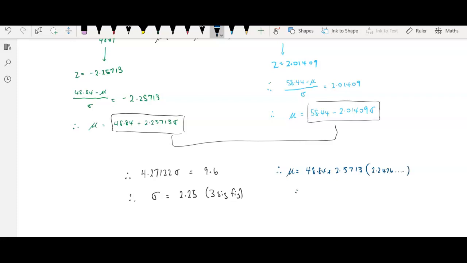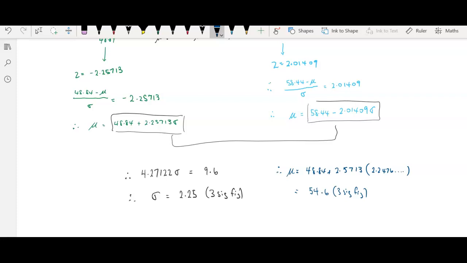So let's calculate that: 48.84, which is a terminating decimal anyway, plus 2.25713 times my 2.24, etc. It's going to give me 54.6 to 3 significant figures.